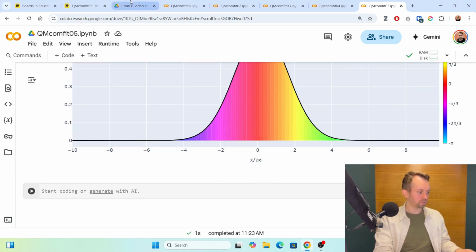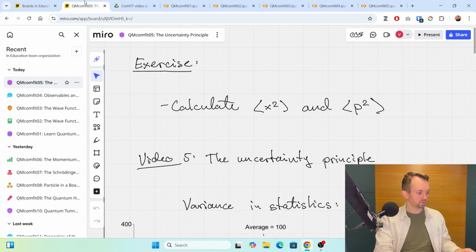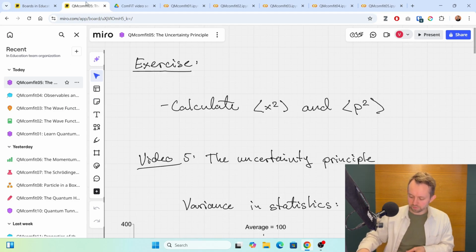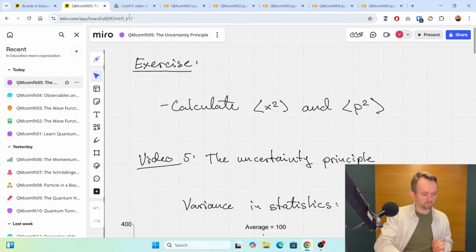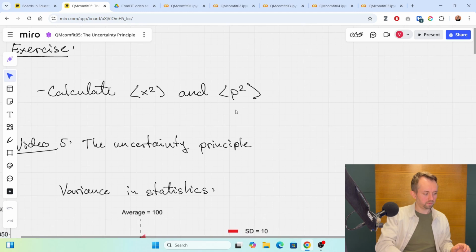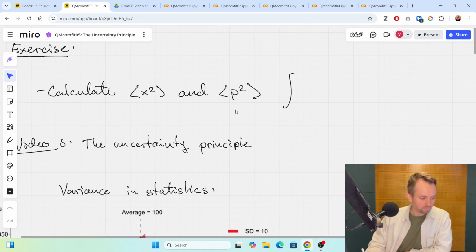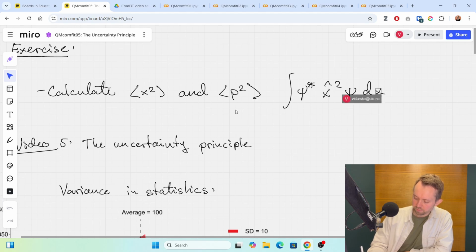So let's start by calculating x squared. The integral we need to calculate is the integral of psi and then the x operator acting squared on psi, which is essentially the x operator acting twice on psi.